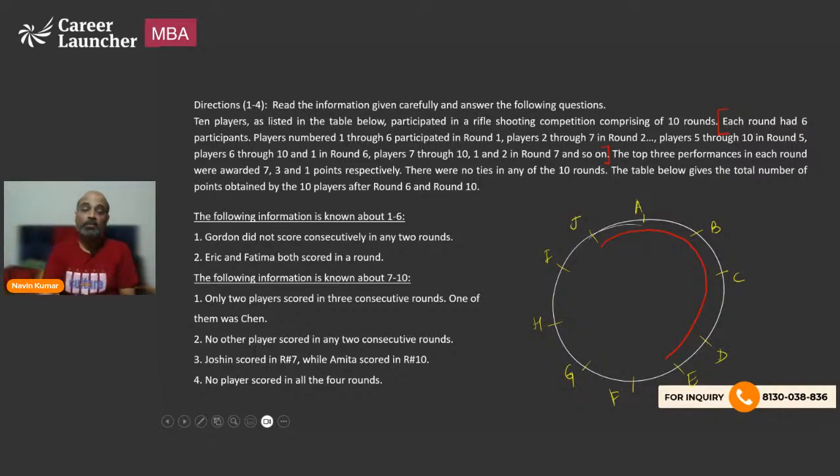So which one is the most important or easiest representation? Can anybody tell me? Should we draw a table and in each column write down the players that are playing? Or should we draw a matrix and write down 10 rounds and 10 players and see in which round they're playing? Which one is going to be the easiest and best representation?